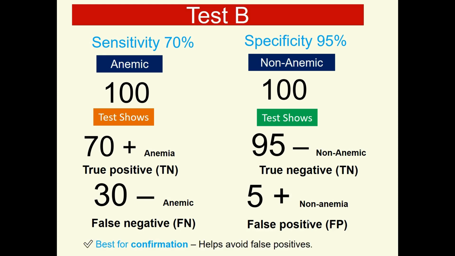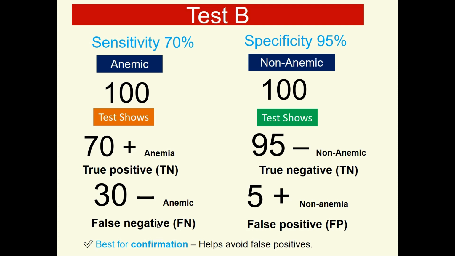All right, so what is this test used for? This test has a higher specificity. Higher specificity means fewer false positives. Therefore, if someone tests positive, it can be considered that the person has anemia, even though that group of patients was non-anemic.